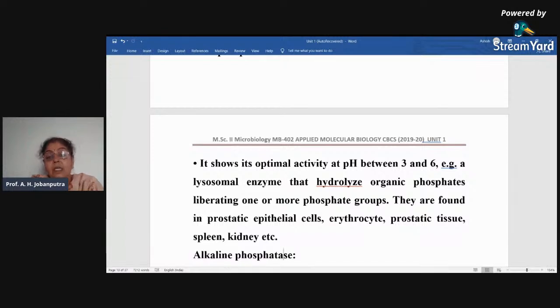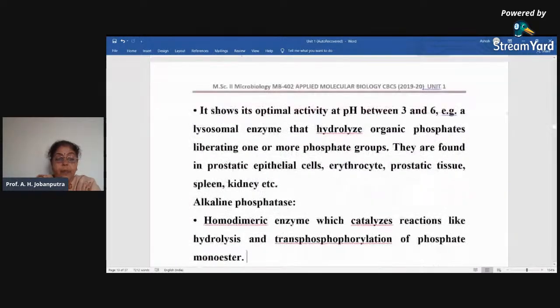Usually, these types of enzymes are found in prostatic epithelial cells in the prostate glands, erythrocytes, then tissues of prostate, spleen, and kidney. The removal of one or more phosphate groups takes place by water molecules. So they hydrolyze organic phosphates and liberate one or more phosphate groups. This activity is more common in the prostate glands.